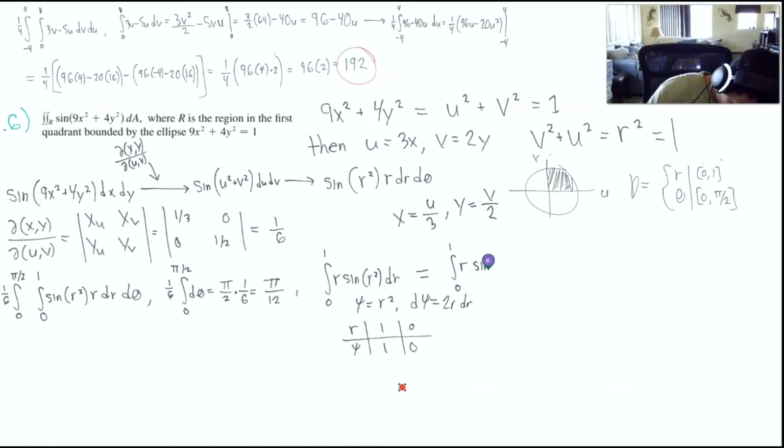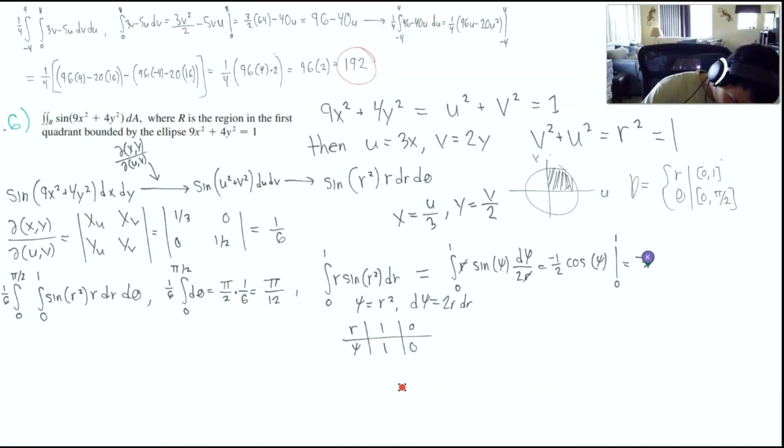r sine tritant d tritant over 2r. Your r's can go away. Get negative 1/2 cosine tritant, 1 to 0.